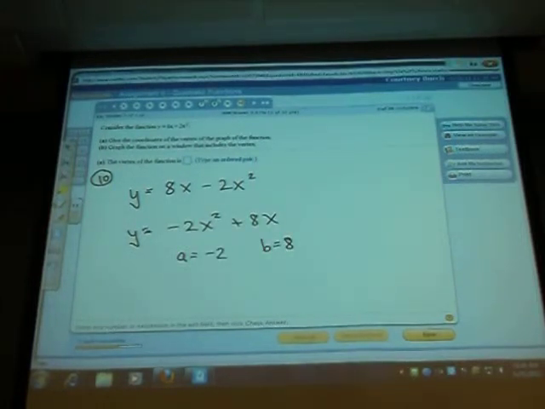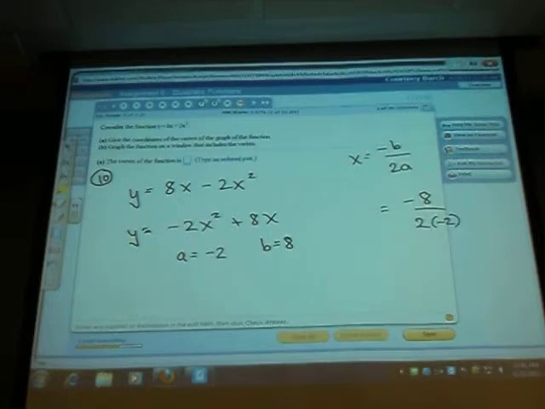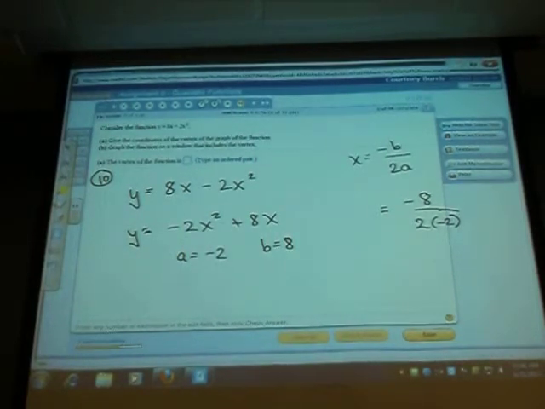So to find my vertex, opposite sign of b, so b is 8, then negative b would be negative 8. You got it right. Over 2 times a, which is negative 2.